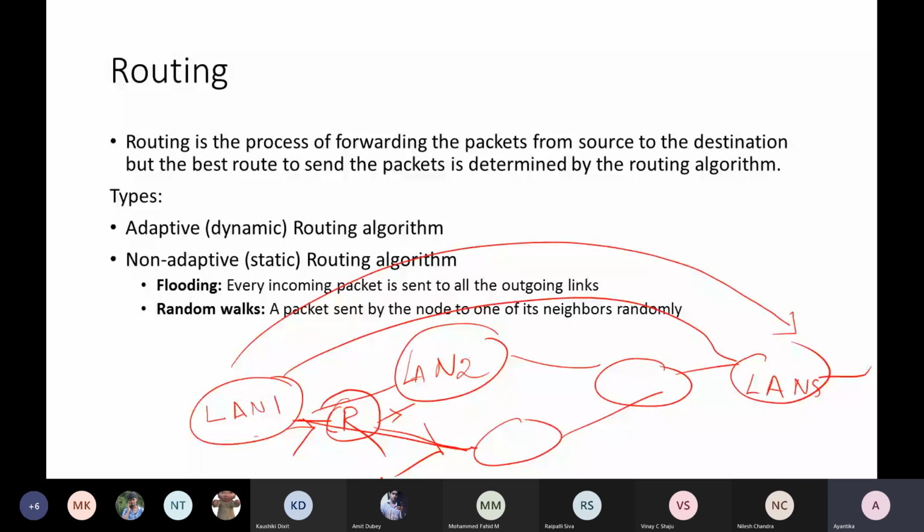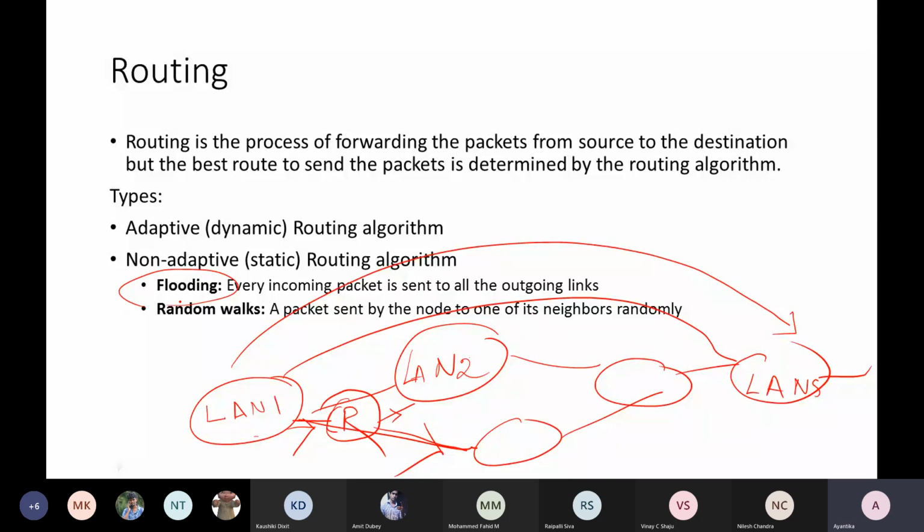Now this routing protocol can be of two types. One is adaptive routing, that is dynamic, which of course we are interested in. And another one is static routing. One form of static routing is flooding. Flooding means let's send that information to each and every IP address.